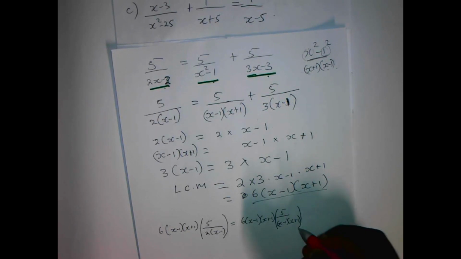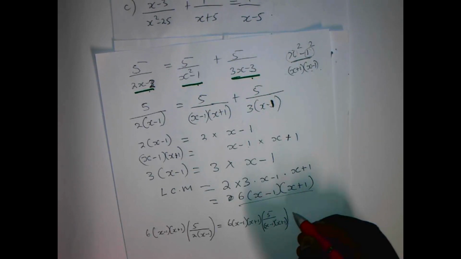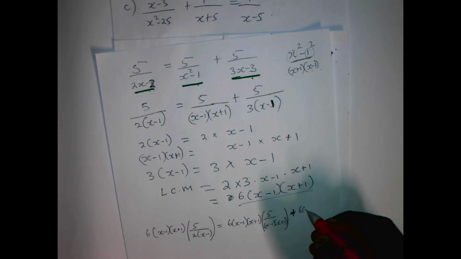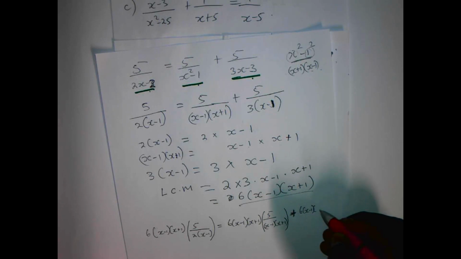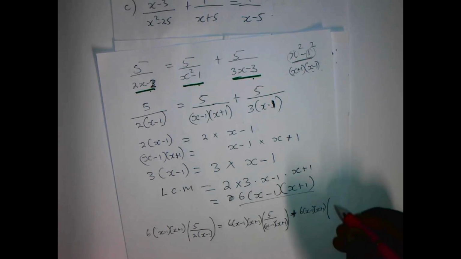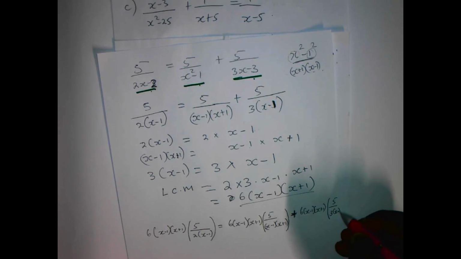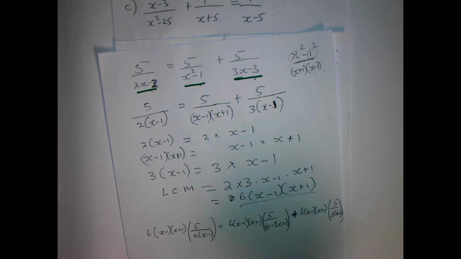I'll put my big bracket. You can see, use your brackets properly. Plus 6 x minus 1 x plus 1 times 5 over 3 bracket x minus 1, and I'll put my big bracket here. You see what we have now?